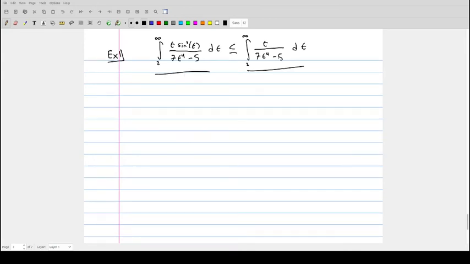And then we can use the limit comparison test to show that this thing does in fact converge. From step 0, for this problem we showed that for large values of t, t over 7t to the 4th minus 5 is approximately equal to 1 over 7 times 1 over t cubed.